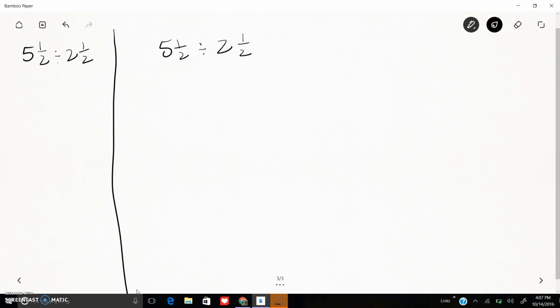First of all, I can't do anything till I change these from mixed numbers, right? Because I can't multiply fractions unless I have fractions. So 5 times 2 is 10, plus 1 is 11 halves. 2 times 2 is 4, plus 1 is 5 halves. Okay. Now I can do my keep, change, flip process.